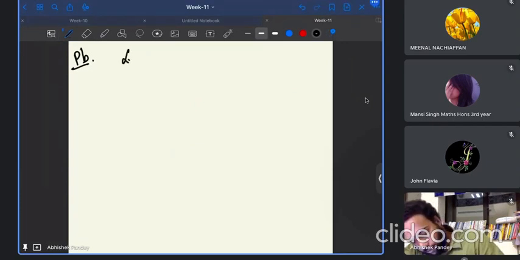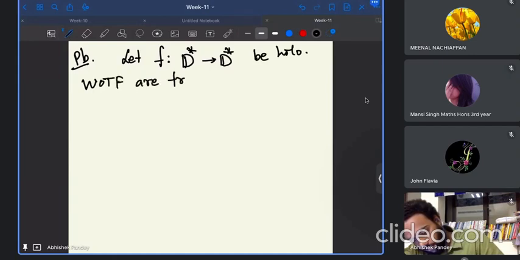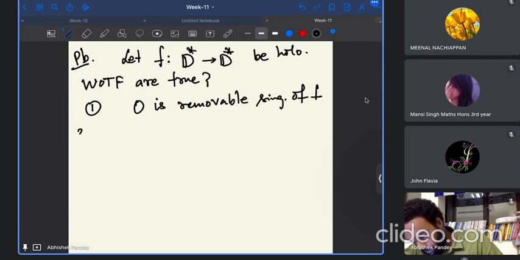So let f be a function from the punctured unit disk, punctured at origin, D star to D star, holomorphic. Which of the following are true? First, 0 is a removable singularity of f. Second, limit z tends to 0 mod of f(z) is less than 1.